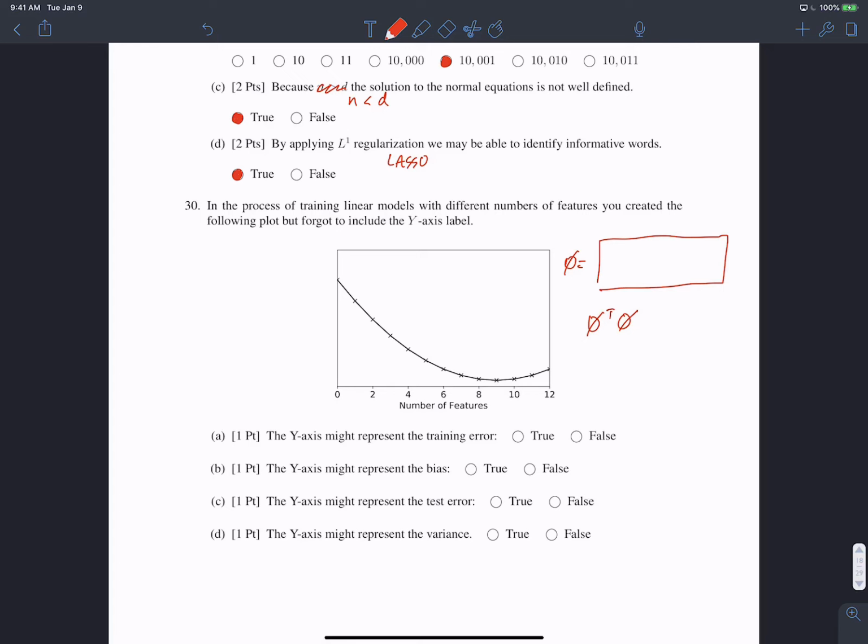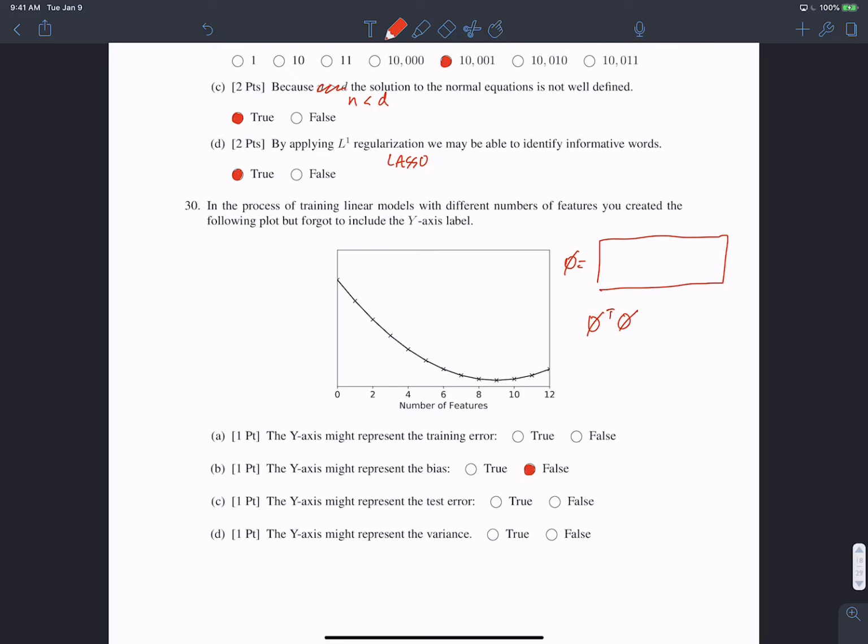Okay, because the more features you include, the bias will actually decrease. Okay, but we see here the bias decreases and then starts increasing again. But the more features we add, our model is becoming more and more complex, which increases the variance but decreases the bias. So this cannot possibly be the bias.